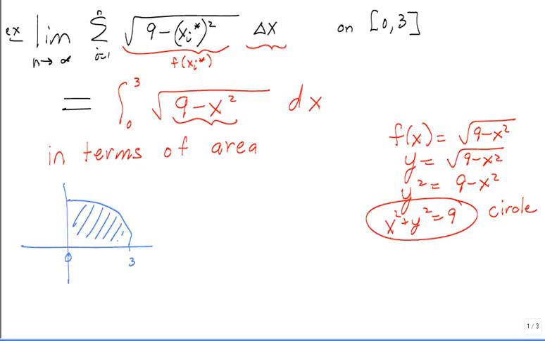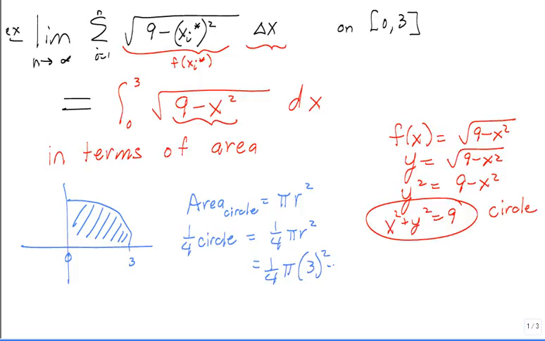We want the area. And it's positive, so it does represent area. So area of a circle is pi r squared. This is a quarter circle, so it's going to be a quarter pi r squared. So that's going to be a quarter pi 3 squared, which is 9/4 pi.